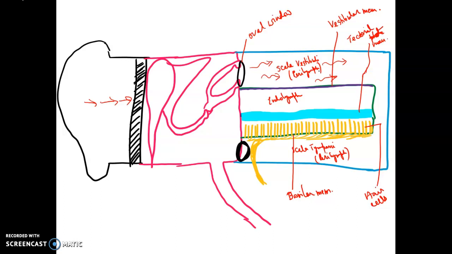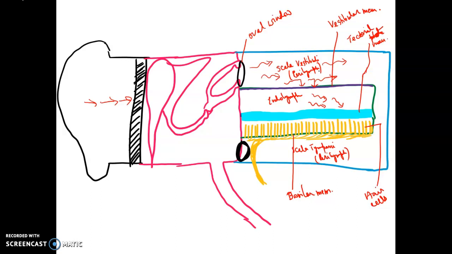Now, pressure waves in the scala vestibuli cause the vestibular membrane to move, resulting in pressure wave formation in the endolymph within the cochlear duct. So that causes the endolymph to have some pressure as well.